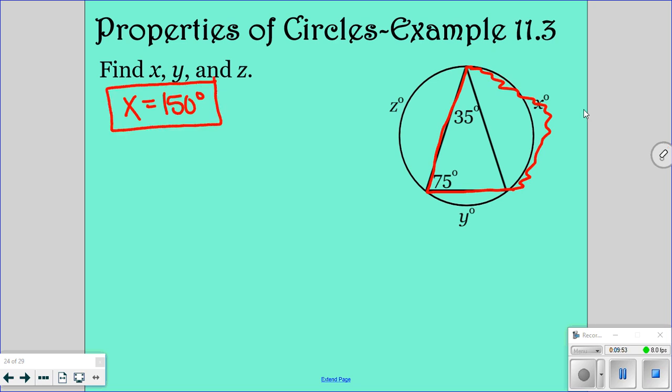We also can use the same concept to find y. So we have this angle here, and its intercepted arc is right here. So if this is 35, you'd double it to get y. So y would equal 70 degrees.